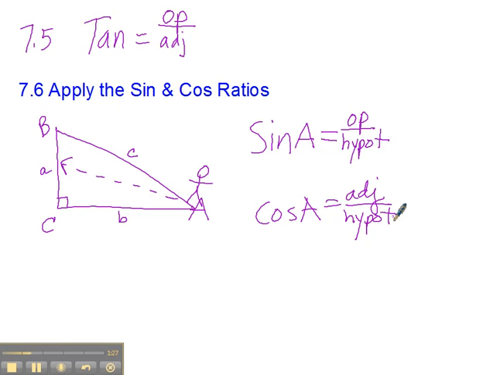Now, a way to keep all of the different ratios straight is to think about the letters T, S, and C, standing for tangent, sine, and cosine.